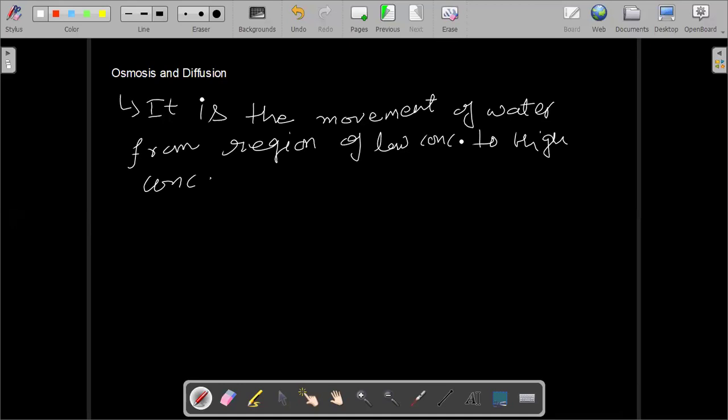Like you can observe the swelling of resins soaked in water.